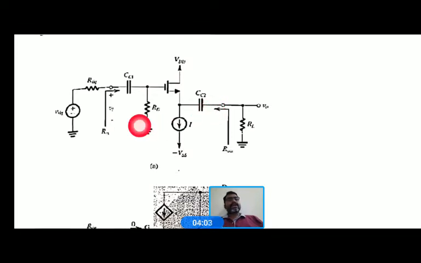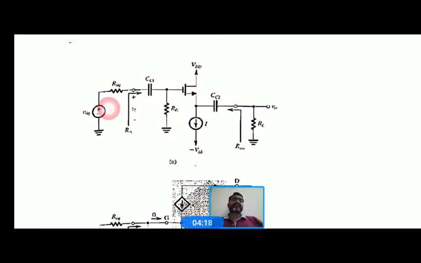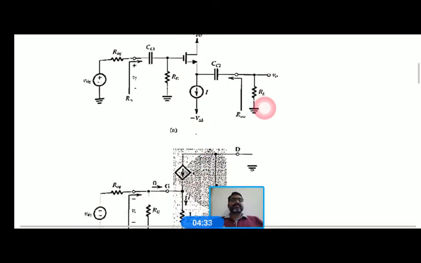And here we are applying V signal as our input signal through resistor R signal, which is feeding the transistor through CC1, to avoid destabilizing our biasing point.